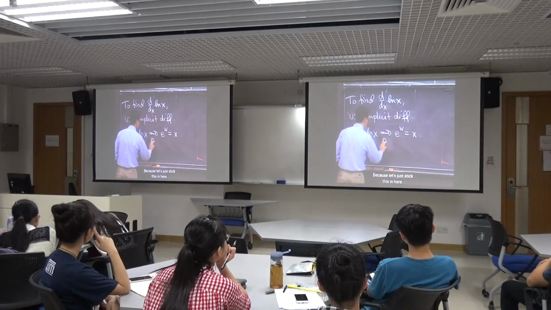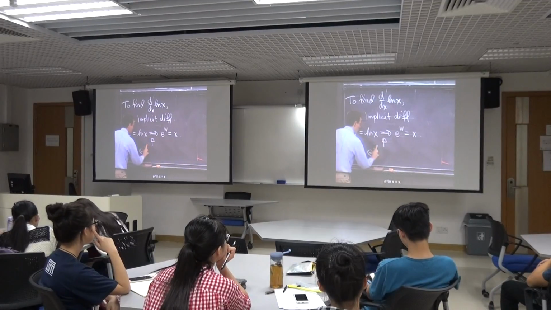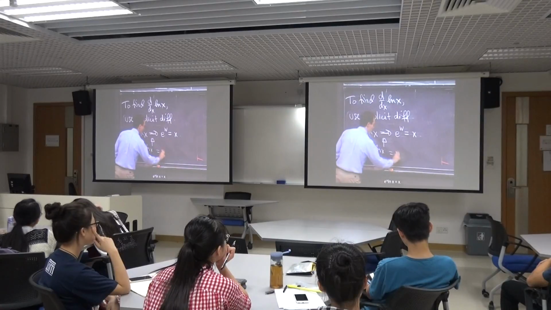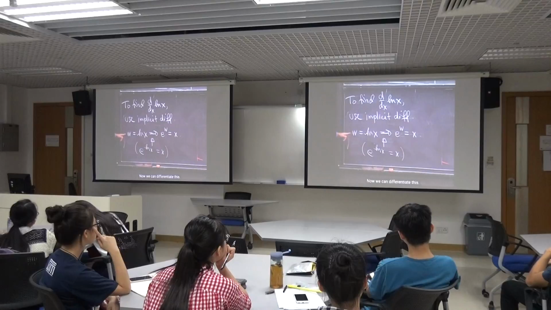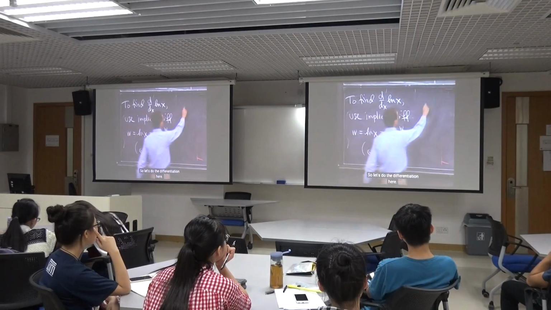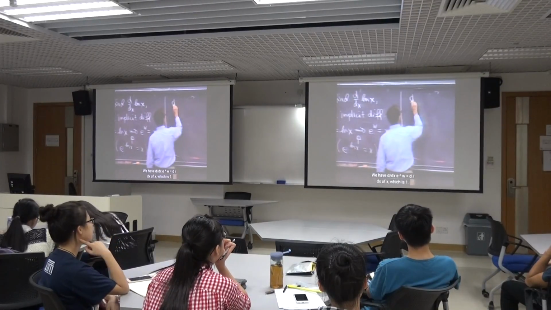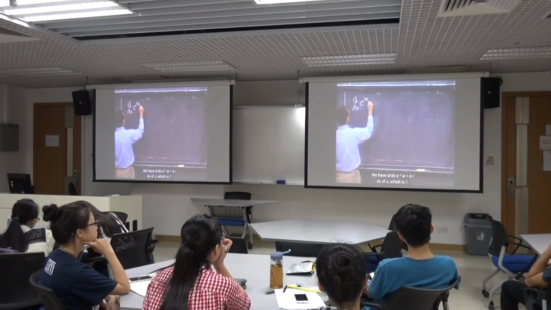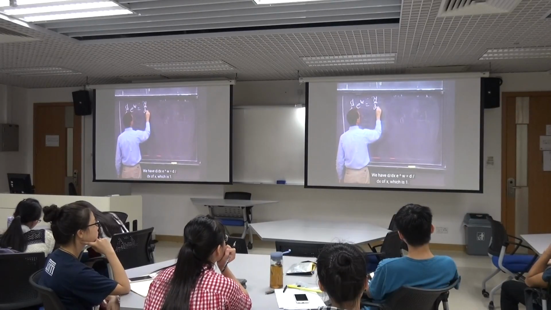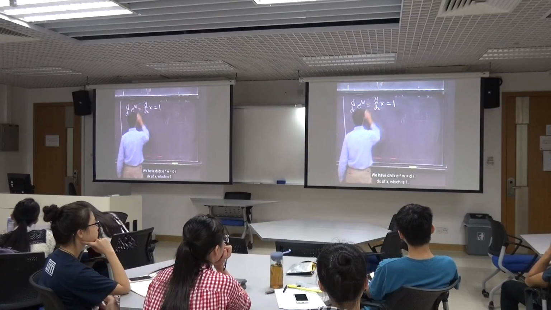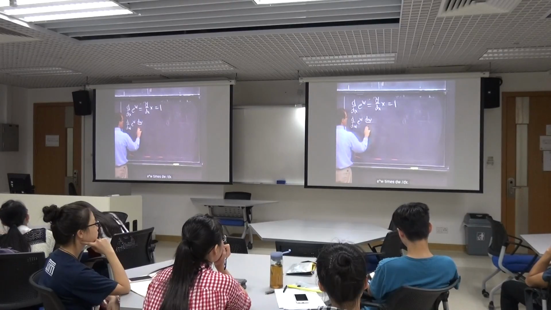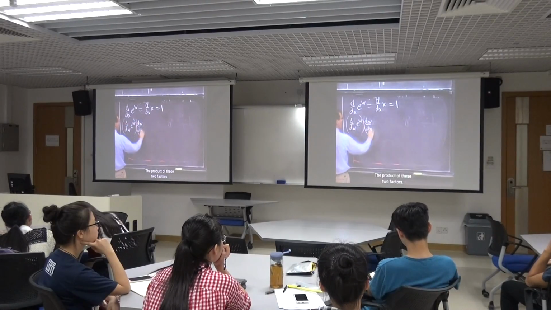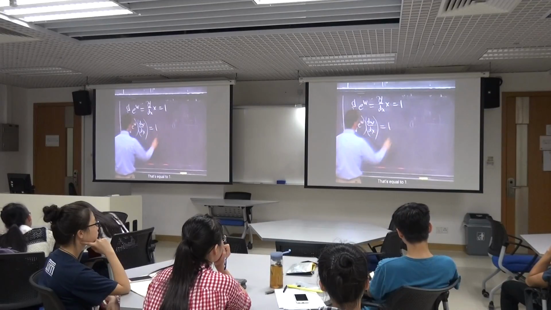Because e to the log x is equal to x. All right, now we can differentiate this. So let's do the differentiation. Here we have d by dx of e to the w is equal to d by dx of x, which is 1. And then this, by the chain rule, is d by dw of e to the w times dw dx, the product of these two factors. That's equal to 1.